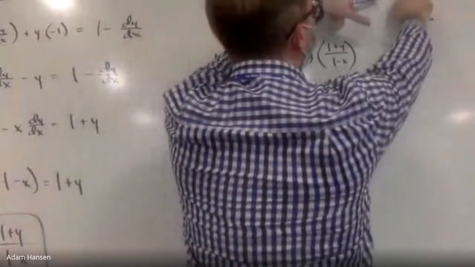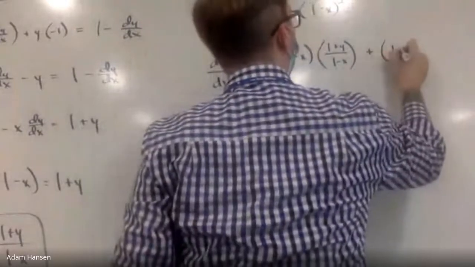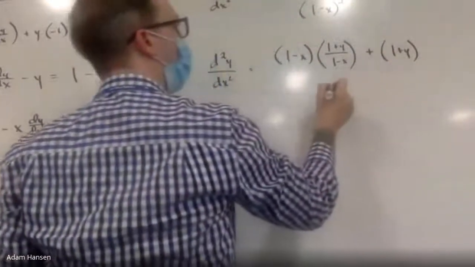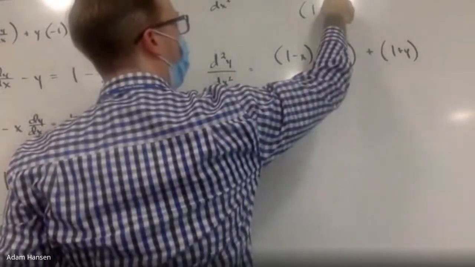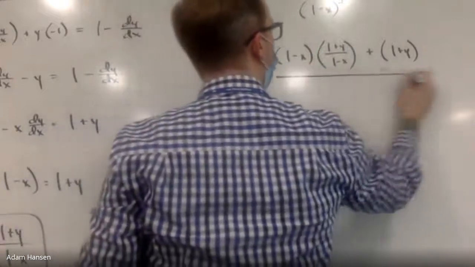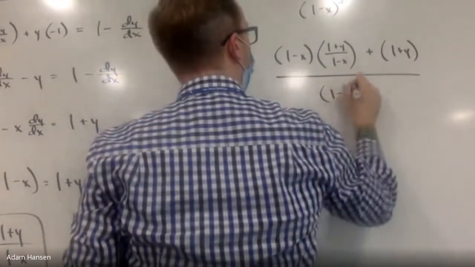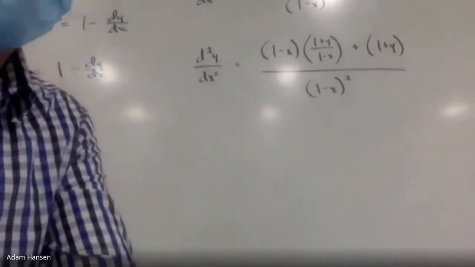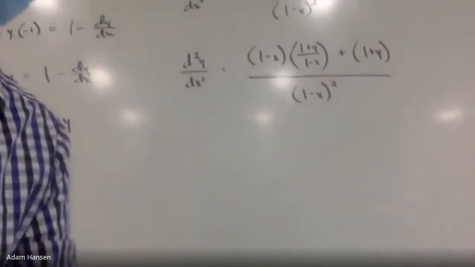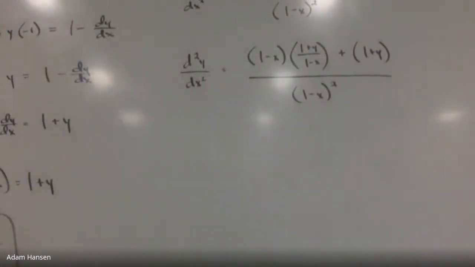So this should still just be plus 1 plus y, because this negative 1 cancels out this negative 1, over quantity 1 minus x squared. Getting closer. At least I have dy dx back substituted and replaced. How can I keep simplifying?